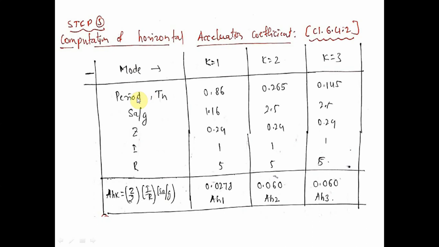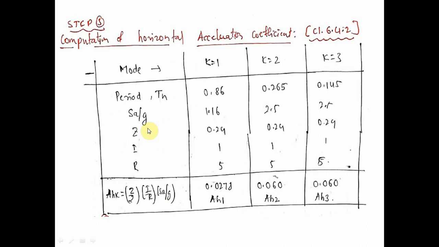Now write down the period values 0.86, 0.265, 0.145. These are given in the problem itself. Now refer to the table. For hard soil, get the values of Sa/g from IS 1893, for modes 1, 2, 3.